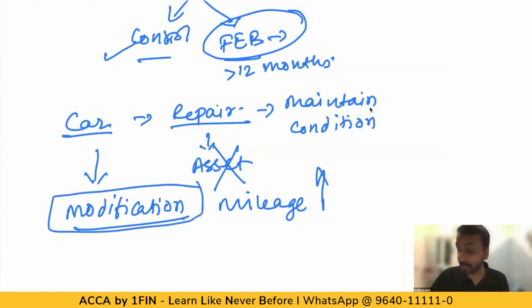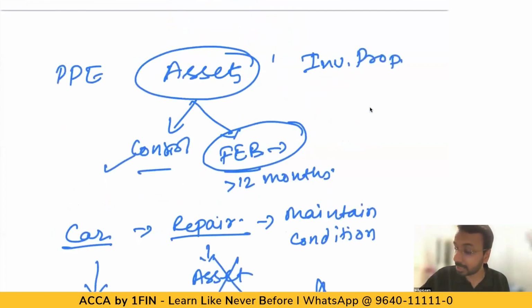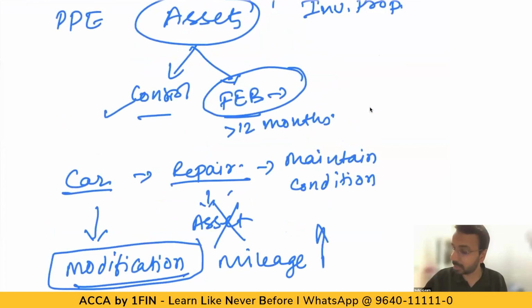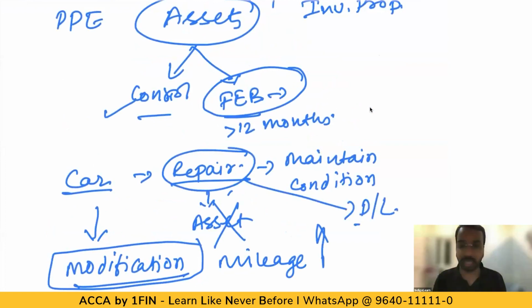When I say asset, please remember, assets are shown in the balance sheet. When I say expense, like repair, this is shown in the P&L. So, if I get future economic benefits and that benefit is more than 12 months, then I will classify the expenditure as an asset.